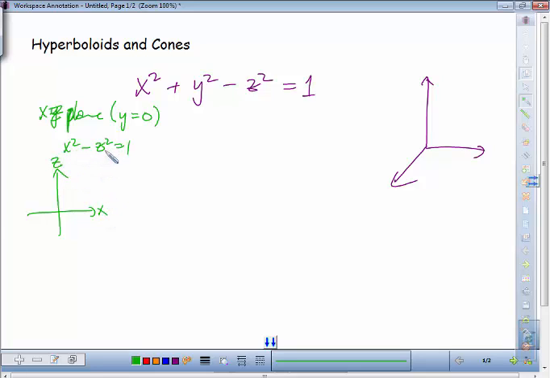if z was equal to 0, that's the x-axis, I would be hitting x at positive and negative 1. And if x was equal to 0, that would be the z-axis. Then negative z squared is never going to be equal to positive 1. So I know that my hyperbola is going to be opening up sideways like that. That's on the xz plane.